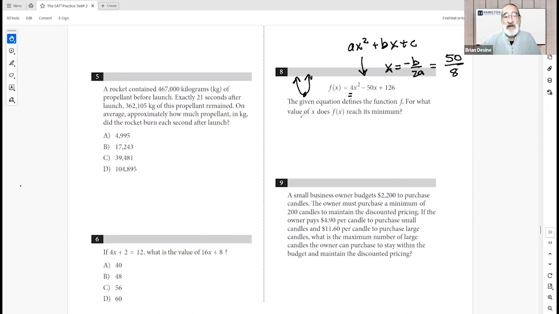And so that's the value of x where it reaches its minimum. So 50 over 8, or I could write that as 25 over 4, or I could write that as 6.25. Any of those are valid answers.